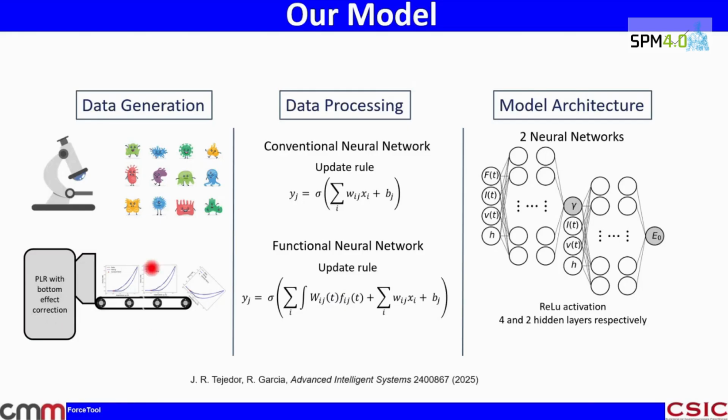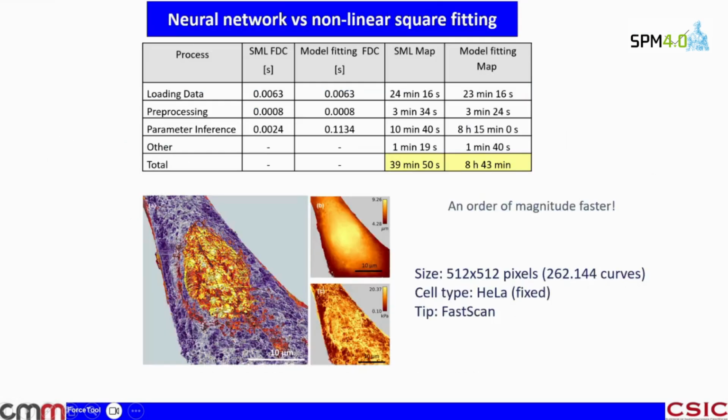Of course, we use synthetic curves for the training, because using experimental curves for the training would be very time consuming and also unreliable because cells are different. And we combine two neural networks, one for the modulus and the other for the fluidity coefficient, because it's based on the power law rheology model.